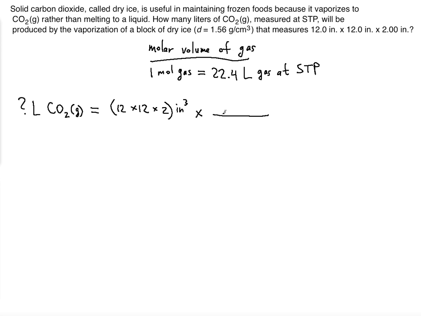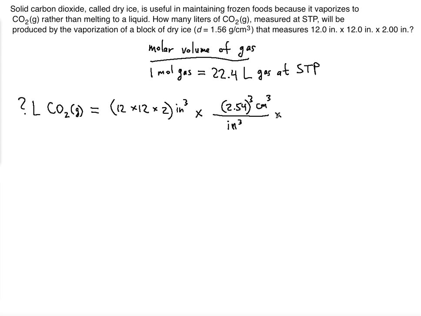So we know that in 1 cubic inch there is 2.54 cubed cubic centimeters, because in 1 inch there's 2.54 centimeters, so we have to cube the number as well as the centimeter unit.